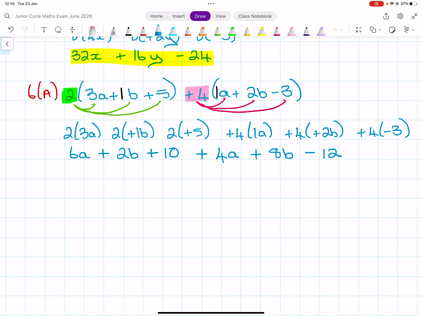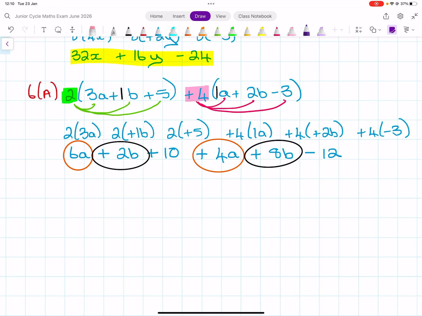And now here, I think I do have families. So what colours? I'll do circles. So I've got the A family here and here. So that's the A family. Then I've got the B family here and here.